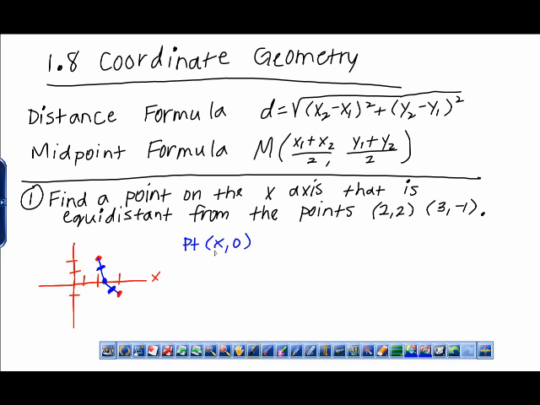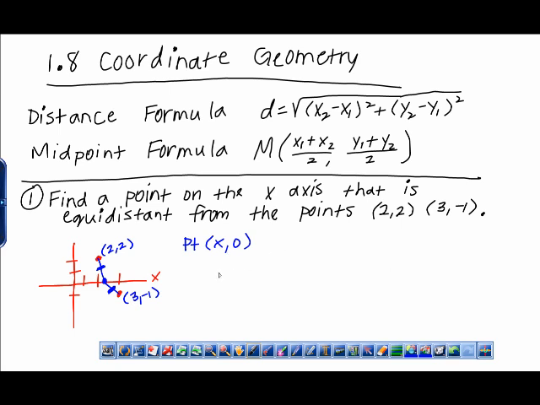If I didn't know that, I really wouldn't have enough information. So I'm going to set up the distance between (2, 2) and my point (x, 0), and also the (3, -1) point and my point (x, 0). And if they're equidistant, then those two distances should equal each other.